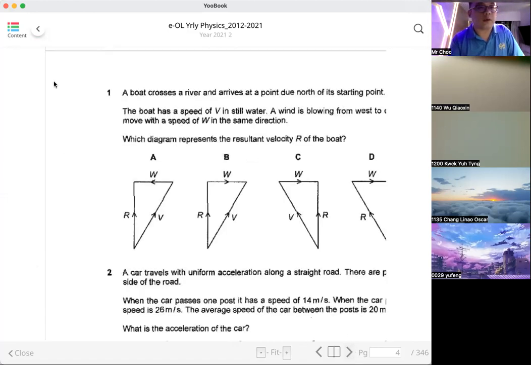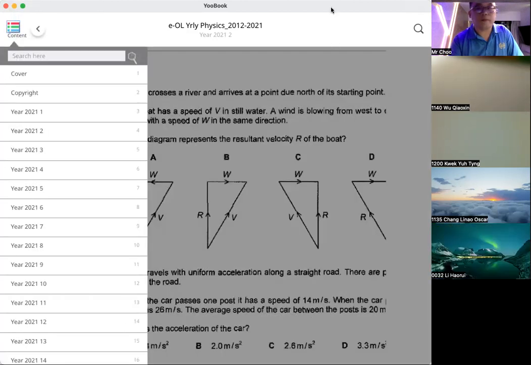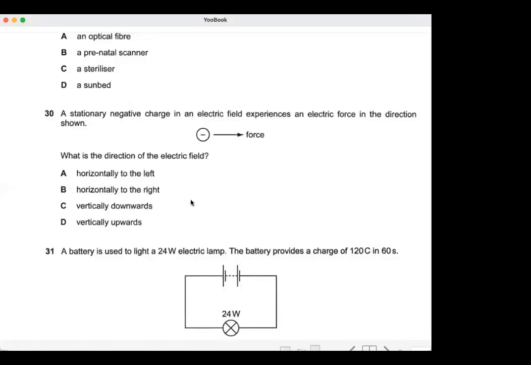This is not a very good scan. Okay, hold on. Can all of you do question number 30? You may begin 30, and then let me know in your chat what's your answer.